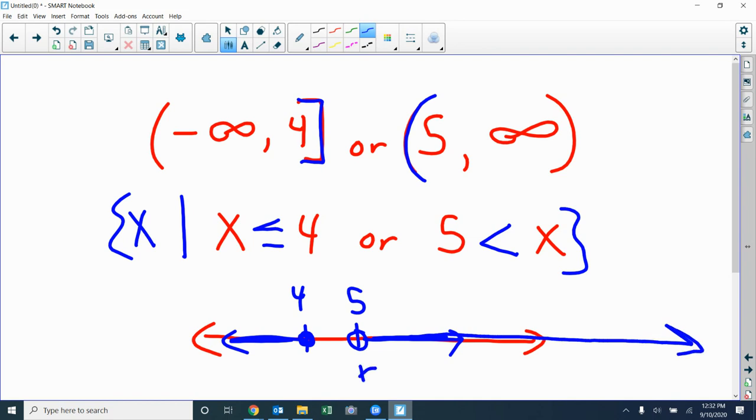Does it need to be smaller than 5 or bigger than 5? X greater than 5. Student: I know it needs to be that, but why is it facing that direction? Well, I could do it this way too. I don't wanna confuse you. We could write x and put 5 here, and then say greater than. So it's just the order. You're just gonna read the x part first.